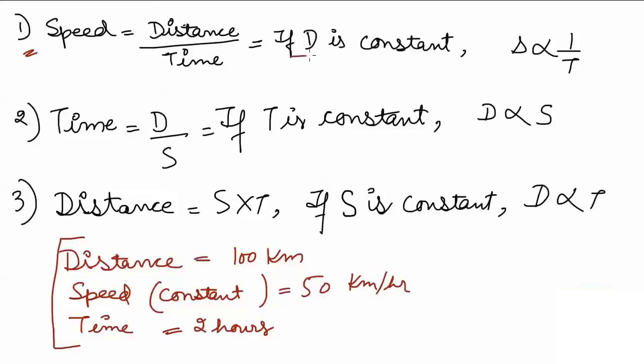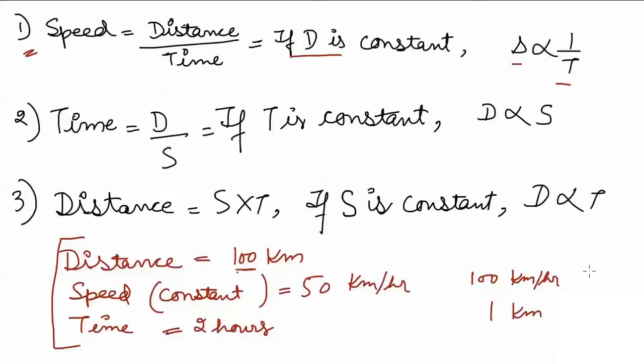If the distance is constant, the speed is inversely proportionate to the time. So if the distance is 100 kilometers and let's assume that the speed increases to 100 kilometers per hour, then obviously the distance can be covered in 1 hour.